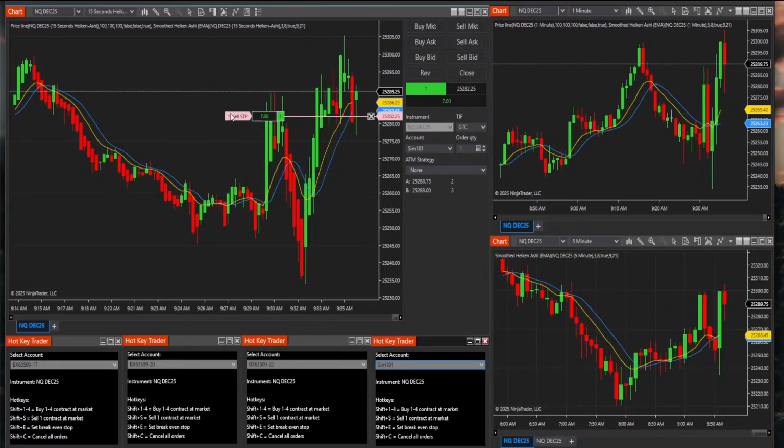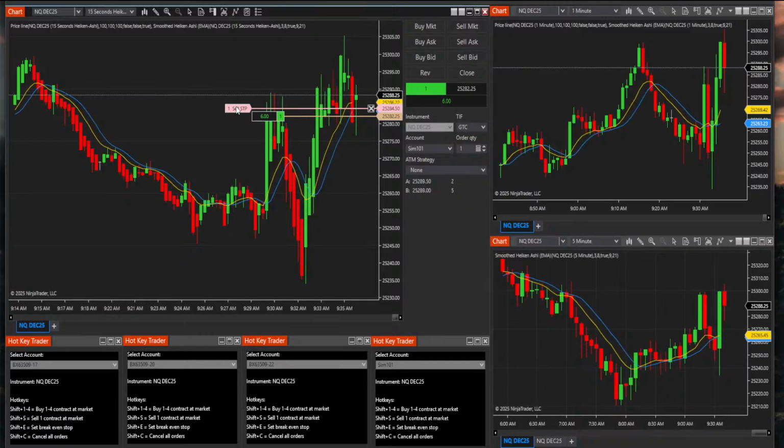Right now I'm just going to hit Shift S, sell a contract, Shift E to move to break even, and then what I can do is just move this up here and kind of get out. Kind of like stop me out, just ride it up. So the hotkey trader is working. The Shift E for break even is definitely working for the longs, as you can see.